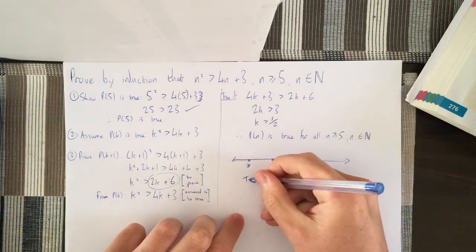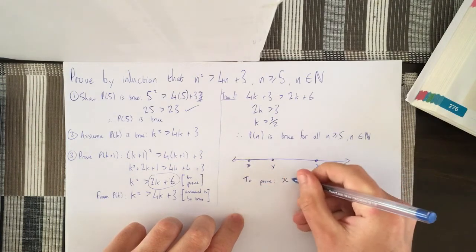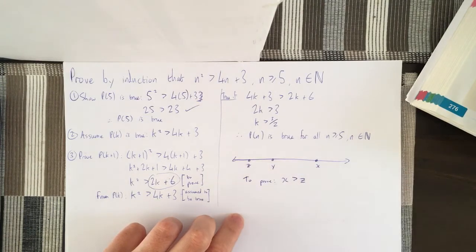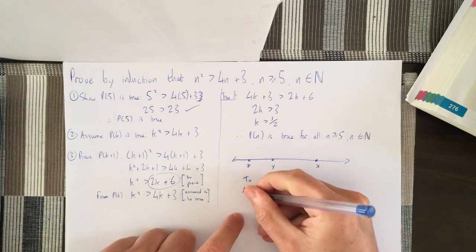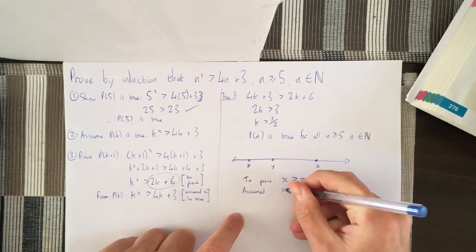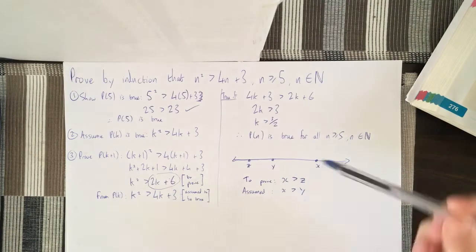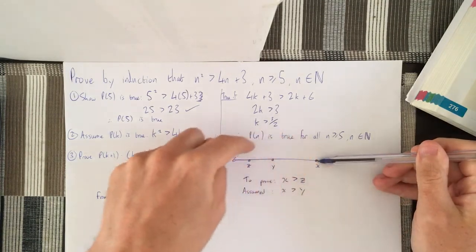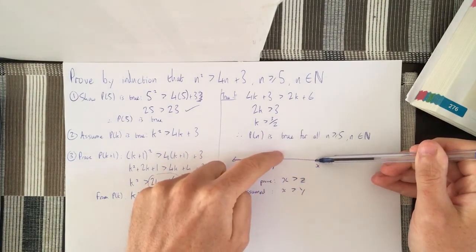So to prove that x is greater than z, let's say I have assumed that x is bigger than y.